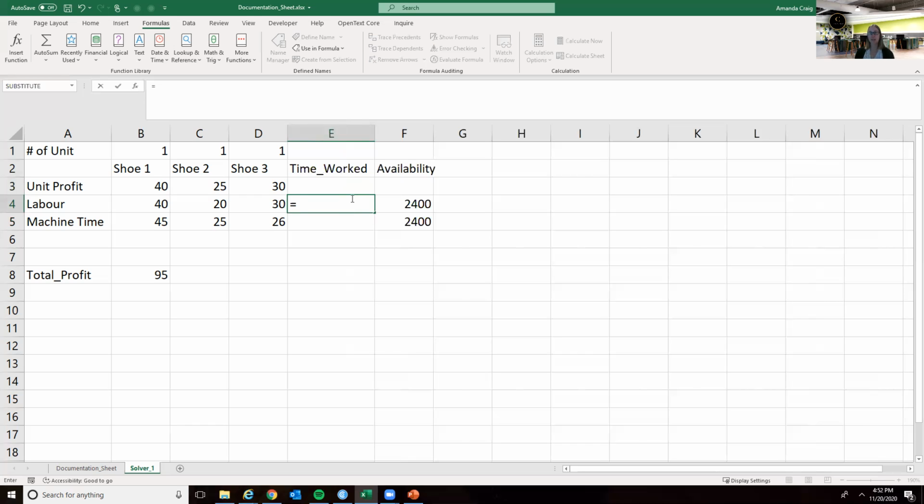And that, again, I'm going to use my SUMPRODUCT. And that's going to be based on my units, for this one, multiplied by my labor time, and then my machine time, it's going to be my SUMPRODUCT of my units multiplied by my machine time.